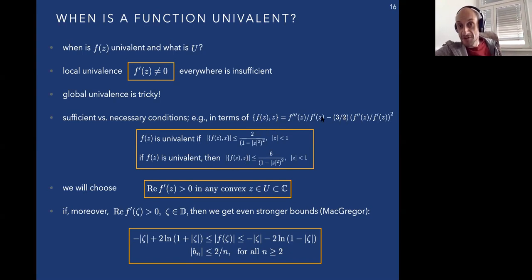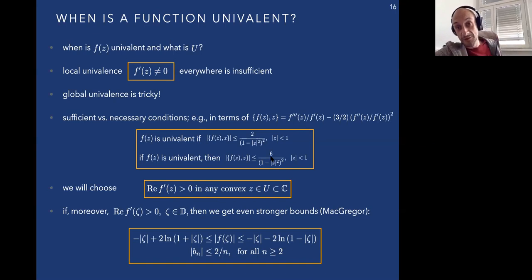This is the definition of the Schwarzian derivative, and Schwarzian derivatives play a deep role in the theory of conformal maps. So f of z, for example, is univalent if the Schwarzian derivative of this function satisfies an inequality of this type, okay? But if f of z is univalent, then the Schwarzian derivative is bounded with 2 being replaced by 6, okay? So there are these kinds of statements that you have to take into account.